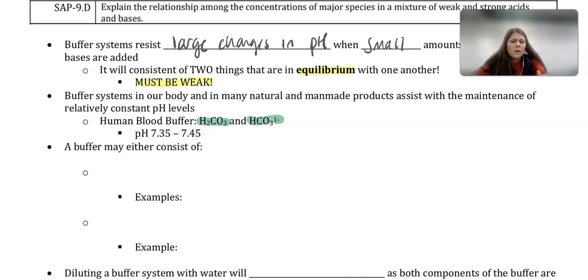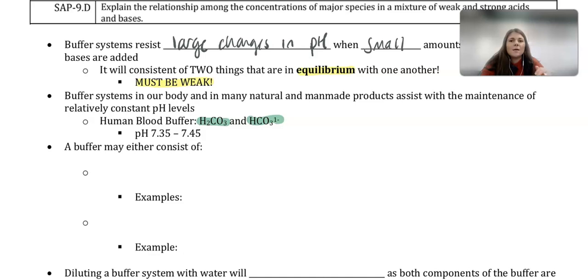These two components are going to try to resist any changes in pH if something strong is added, because if the pH of our blood drops just a little bit below 7.35 or even just above 7.45, it will end up killing us. So it's very important for our blood, and a lot of other natural or man-made things, to have buffers to help resist these pH changes.